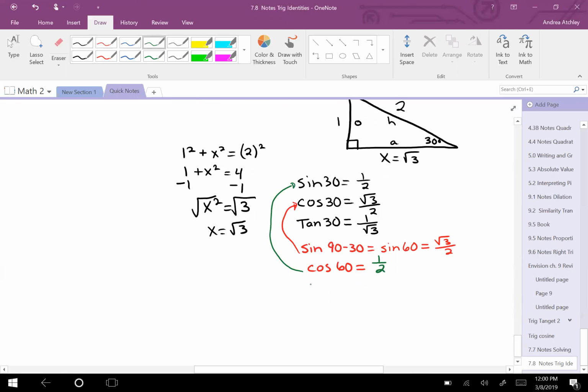What about the tangent? Very good. Square root of 3 over 1, which is just square root of 3. Any questions over that?